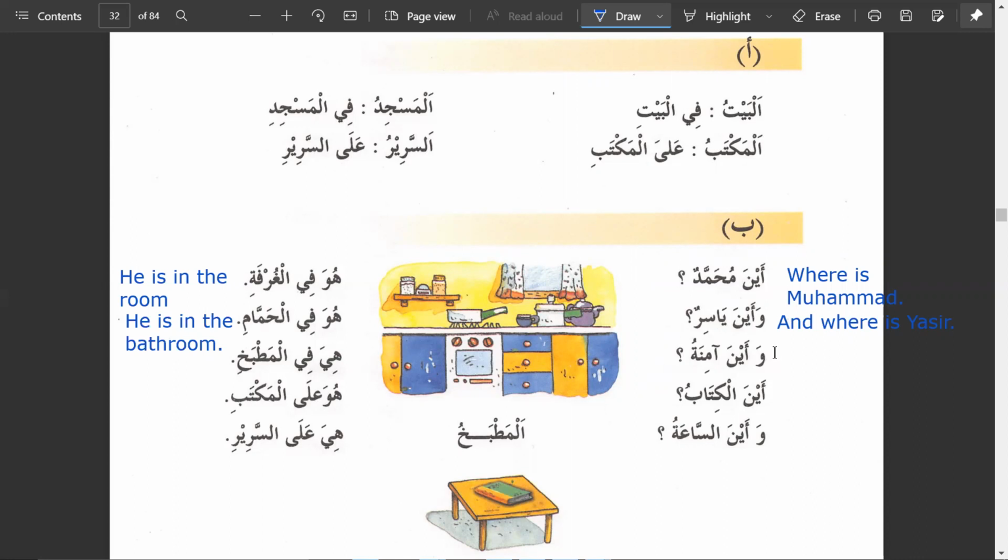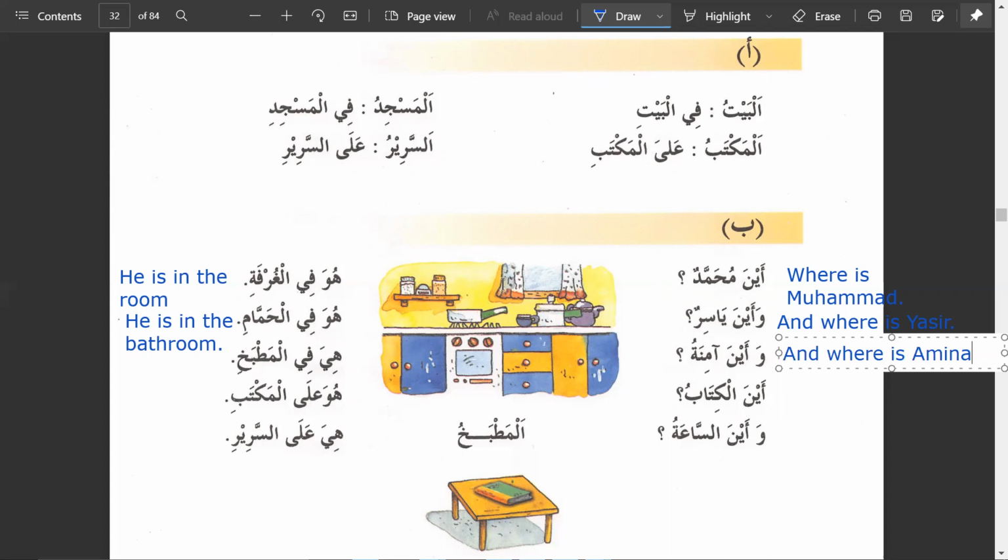Now, wa aina Aminatu? Where is Amina? And wa means and. And where is Amina? What's the answer? Fil matbakhi.